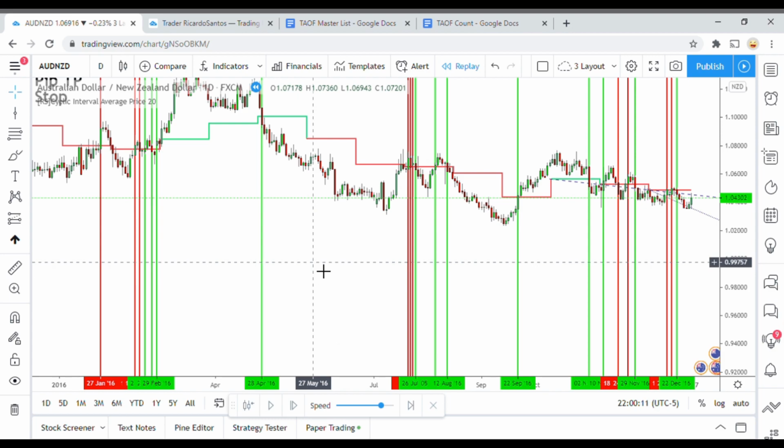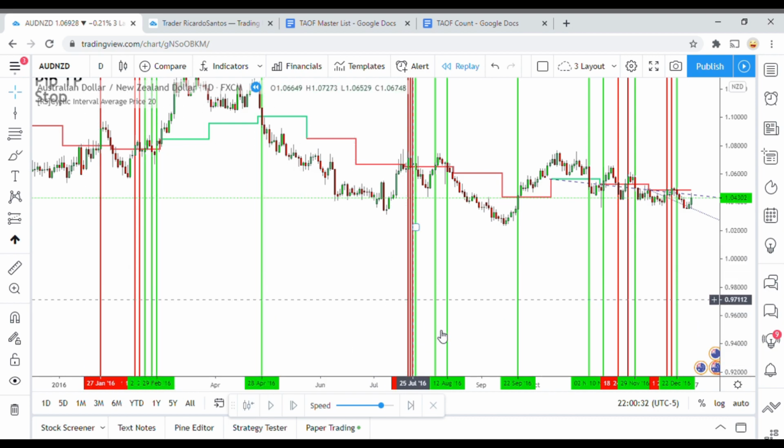So 22 signals altogether. And we have 12 winning trades. That's not going to quite get us to the 60% mark, just shy of it.